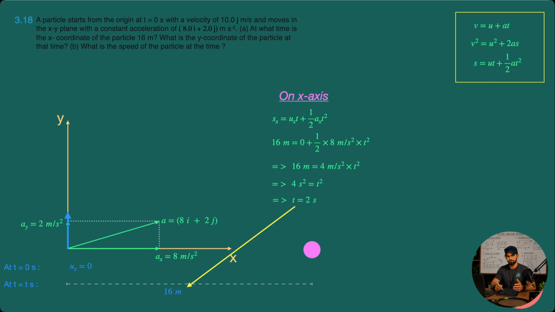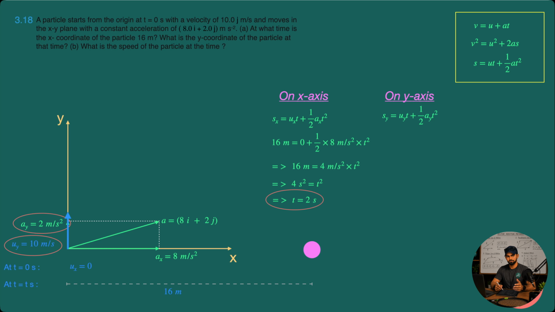Now we also have to find the y-coordinate of the particle at this same instant, that is, at t equal to 2 seconds. So let's study the motion along the y-axis. Initially, the particle has an upward velocity of 10 meter per second and an acceleration of 2 meter per second squared. Again, we'll use the third equation of motion.